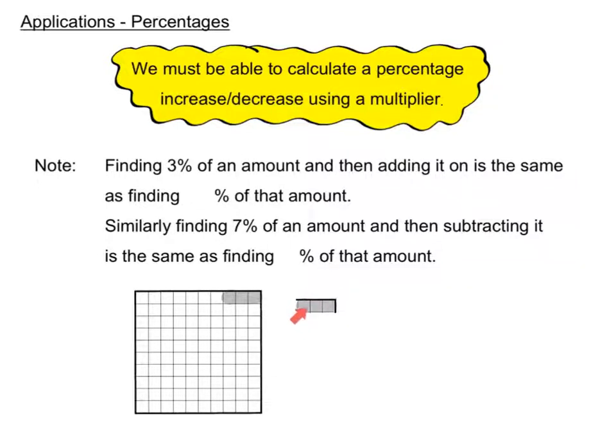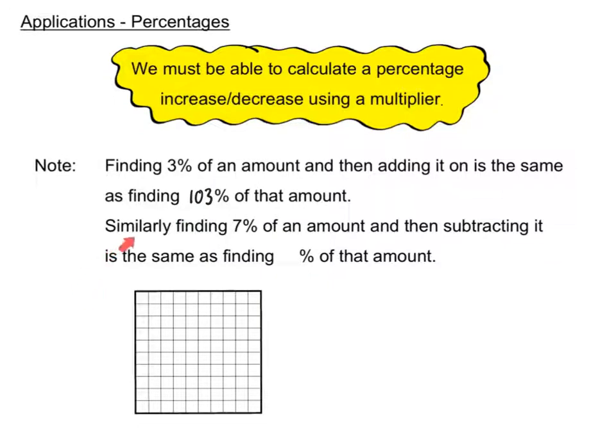So if this original amount is 100%, and I add on the 3%, what I now have within this grid is 103 boxes. So I have 103%. It makes sense: if I take 100% as my starting point and add on 3%, then I'm going to have 103% of that amount.